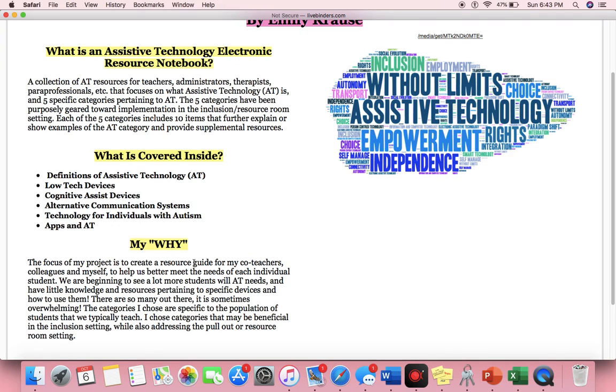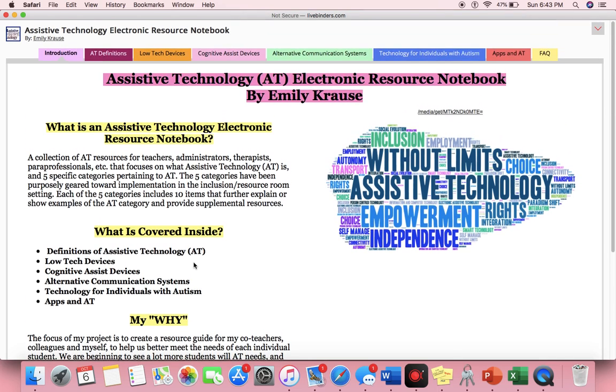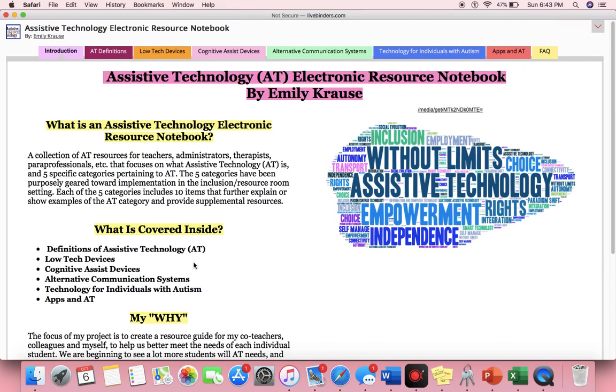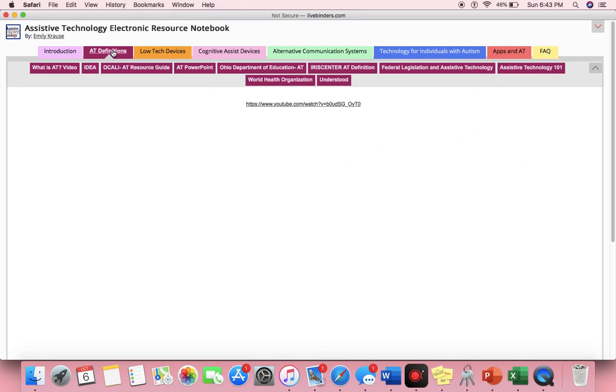And at our school, we're beginning to see a lot of need for assistive technology, but many of us have little to no knowledge or resources about specific devices and even what it is. So I wanted this resource to be meaningful to the people that teach at my school that I can share it with. So I chose the 5 categories because they are relevant to the types of needs we see at our specific school. So we're going to dive right in.